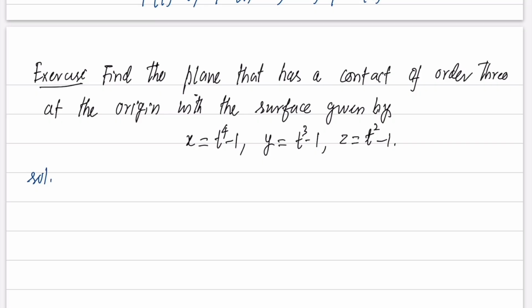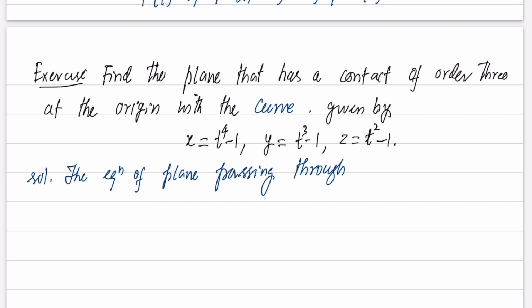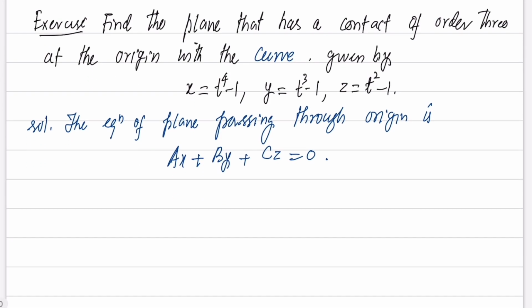So in the solution, our first step will be to eliminate. First, let's write down the equation of a plane passing through the origin. The equation of a plane passing through the origin can be given like this: ax plus by plus cz is equal to 0.